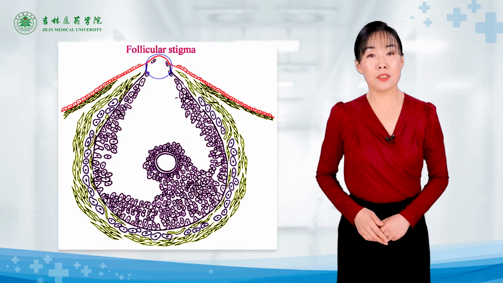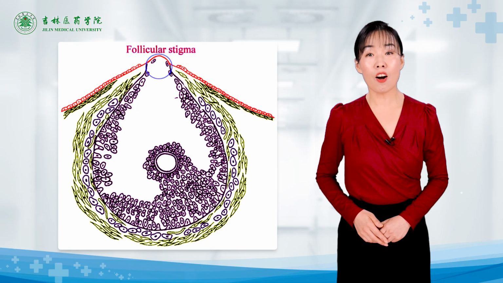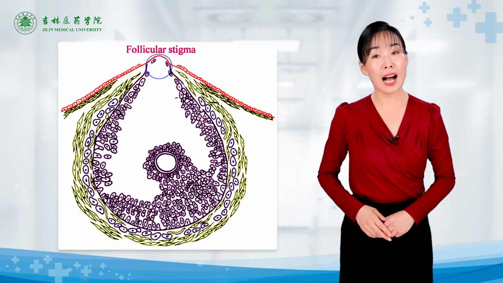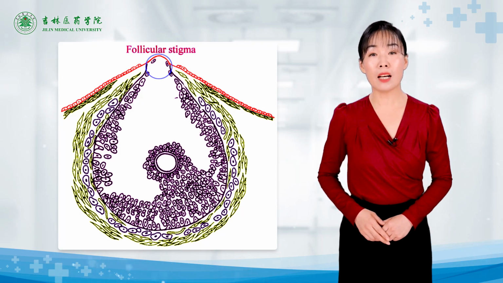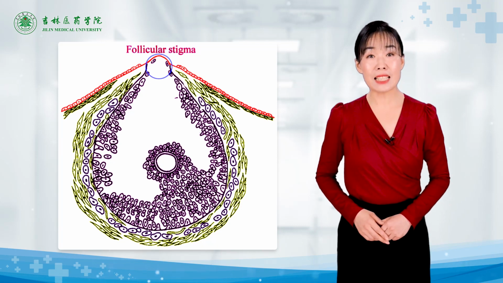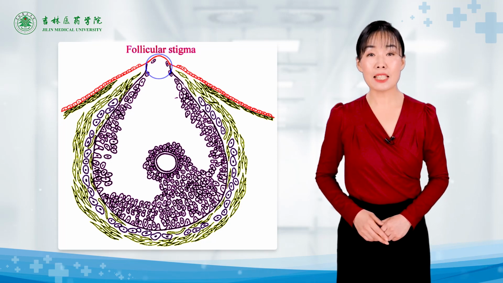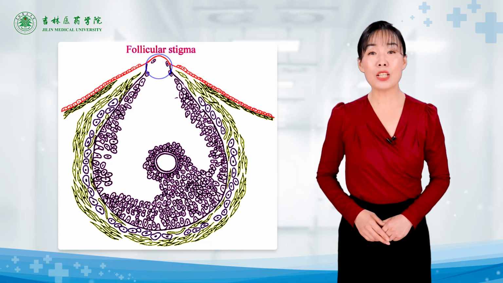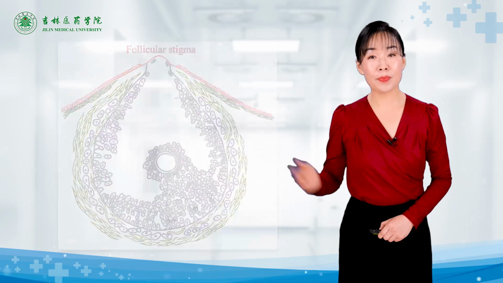The stimulus for ovulation is a surge of luteinizing hormone in response to high levels of circulating estrogen produced by the growing follicles. The follicle projects from the surface of the ovary, where the area becomes weak and lacks blood, appears translucent, and is called the follicular stigma.